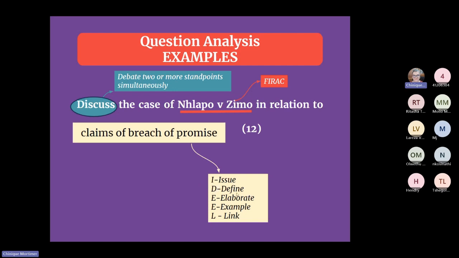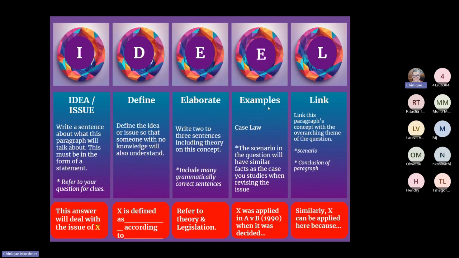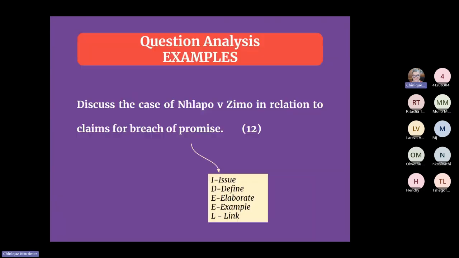It is defined as, according to Nhlapo versus Zimo, which means that the claims of breach of promise is... okay, so every time that there's not a case mentioned in your question, then according to this method, you should have studied which example goes with that issue, right?